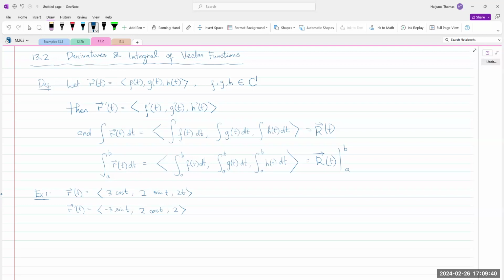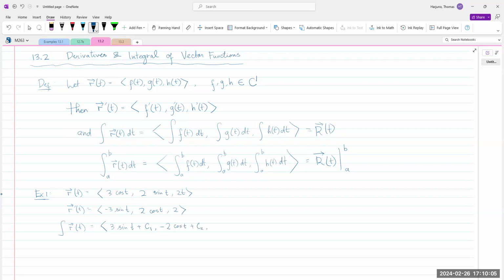Now the integral of r(t) will be 3 sine t plus constant, negative 2 cosine t plus constant.